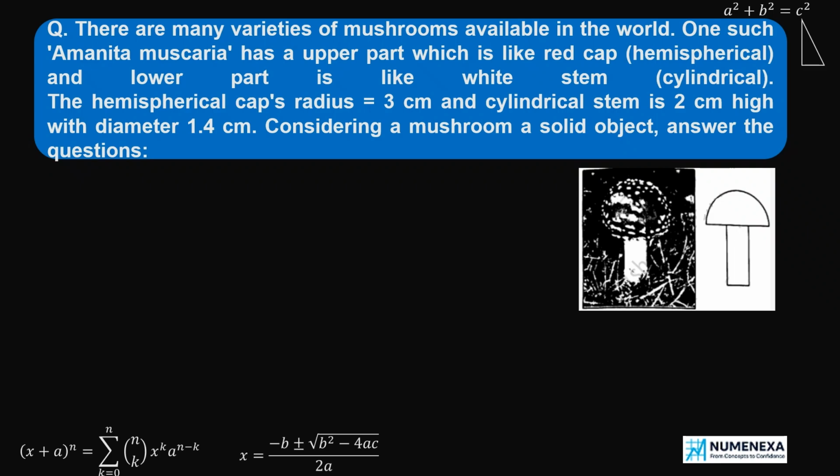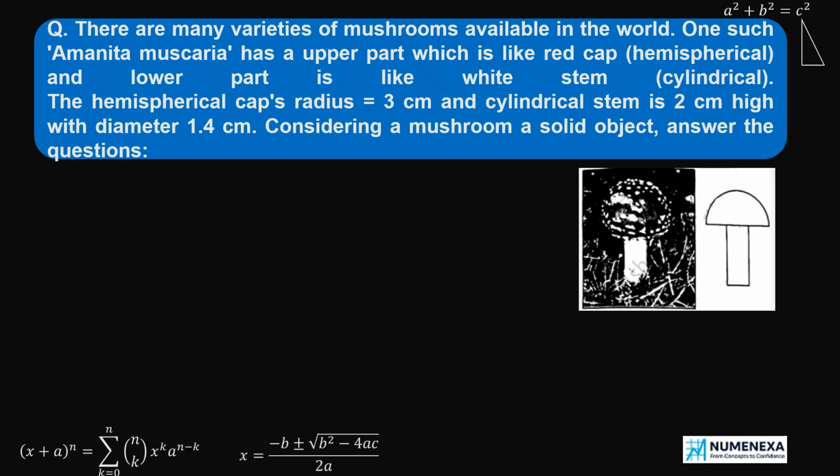Here is another case study question. There are many varieties of mushrooms available in the world. One such, Amanita muscaria, has an upper part which is like a red cap, hemispherical, and the lower part is like a white stem, cylindrical.